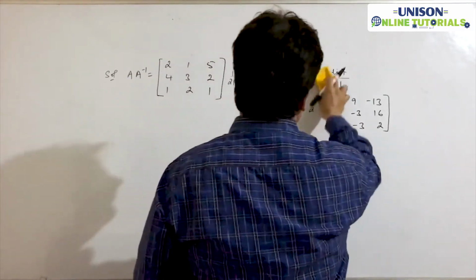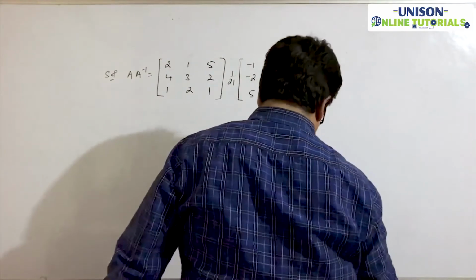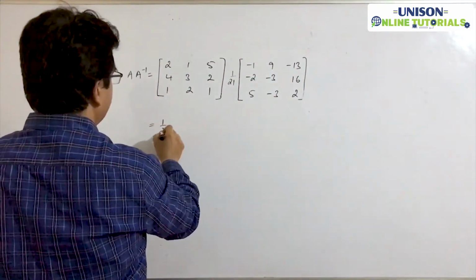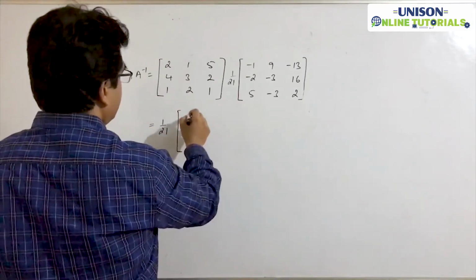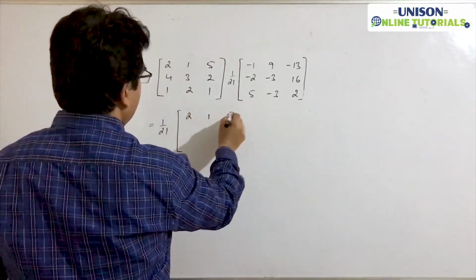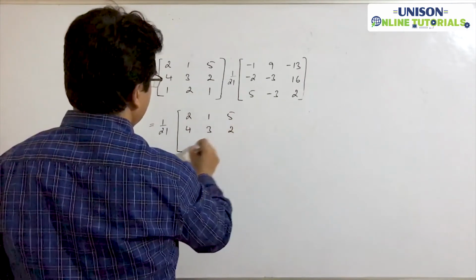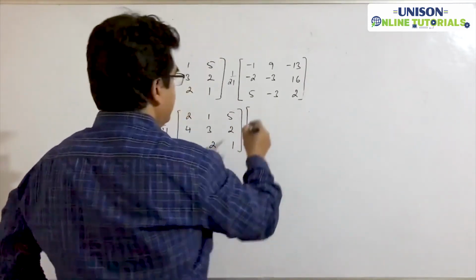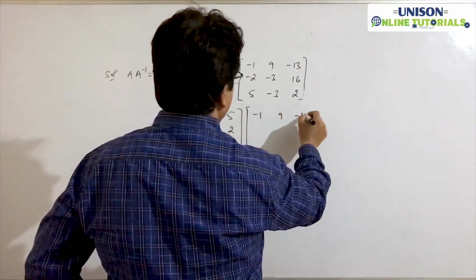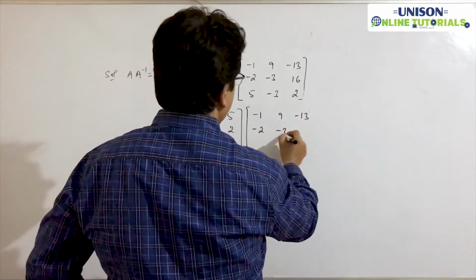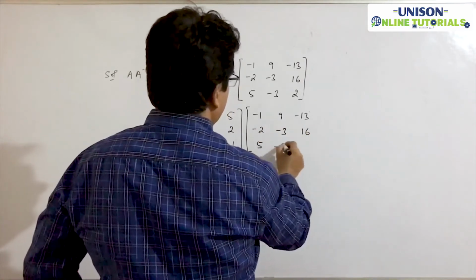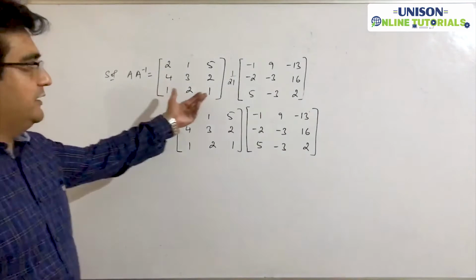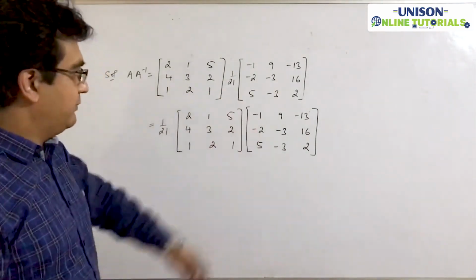Let's find this A into A inverse. It will be written as 1 by 21 times 2, 1, 5, 4, 3, 2, 1, 2, 1 multiplied by the matrix minus 1, 9, minus 13, minus 2, minus 3, 16, 5, minus 3, 2. Now this is A inverse. Let's multiply it.